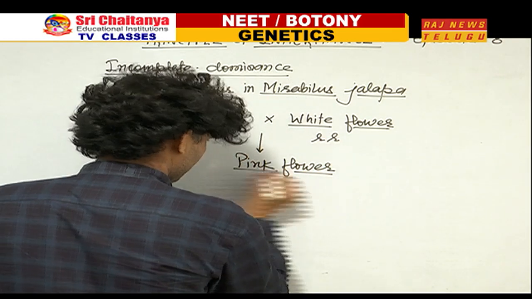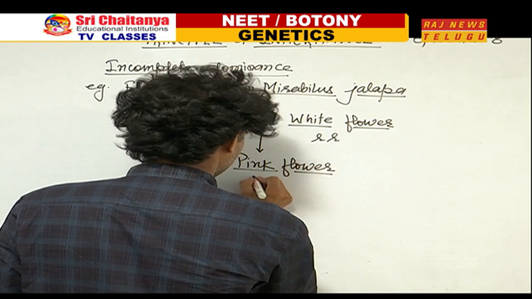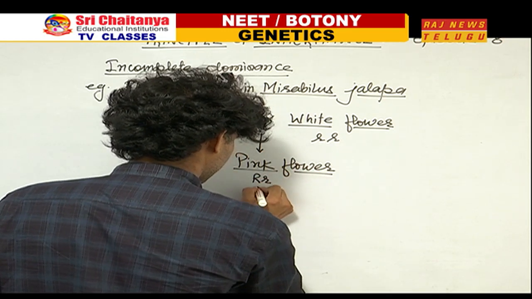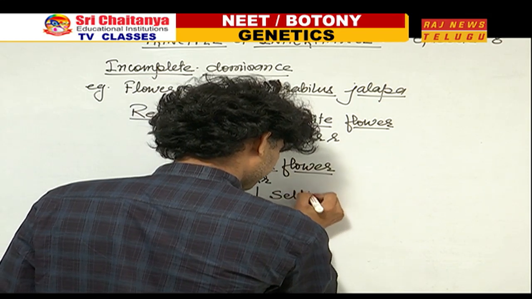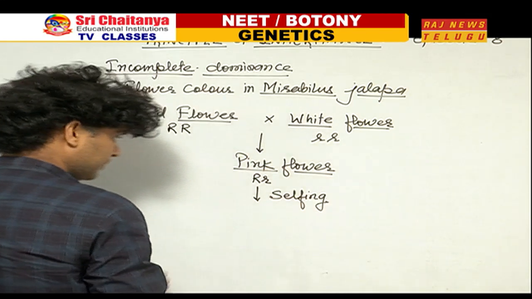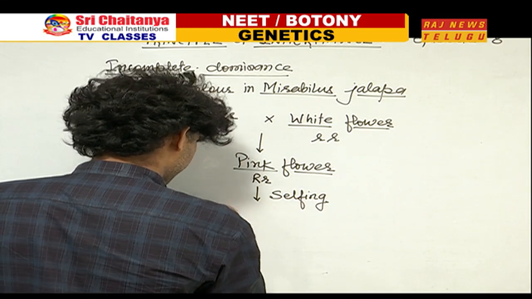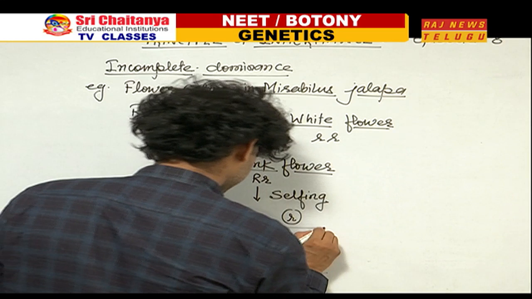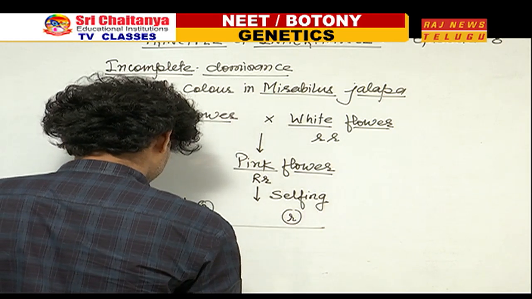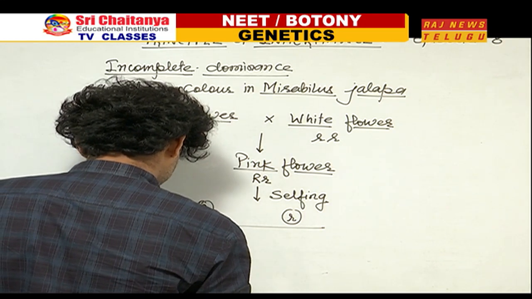And when the genotype capital R small r is allowed to self, half of the gametes are capital R, half are small r. Similarly, half of the gametes are capital R, half are small r.